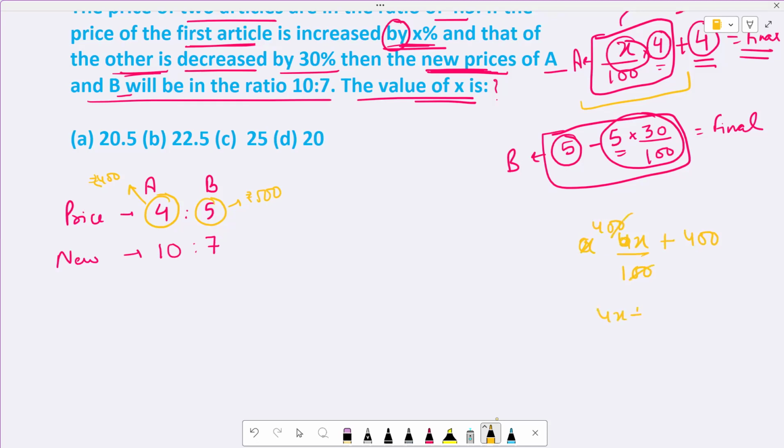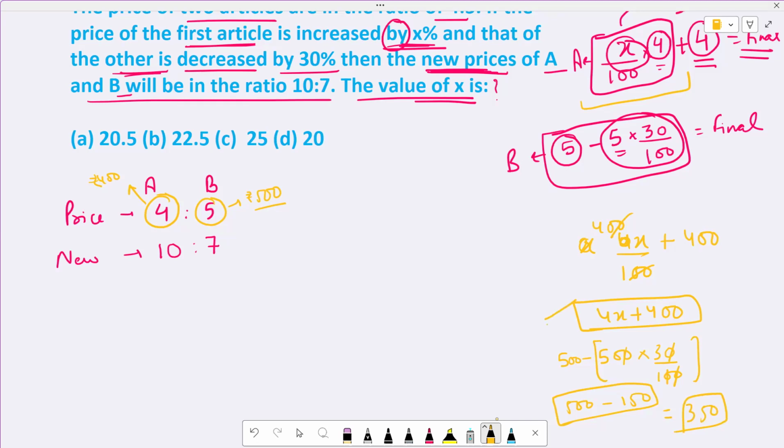So it will be 4x plus 400, and this will be the new cost. For the other, it will be 500 multiplied by 30 upon 100, which becomes 150, and we subtract it from 500 itself. So 500 minus 150 becomes 350. This is the final new price that we receive here.